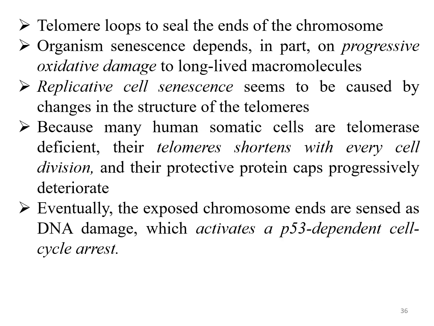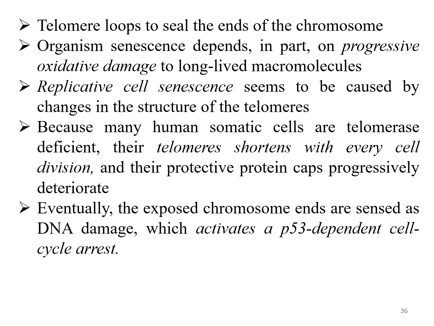So telomeres loop to seal the end of the chromosome, and the aging of the organism seems dependent in part on progressive oxidation damage to long-lived macromolecules, and replicative cell senescence seems to be caused by changes in the structure of the telomeres. Because many human somatic cells are telomerase deficient, their telomeres shorten with every cell division, and their protective proteins are lost progressively.